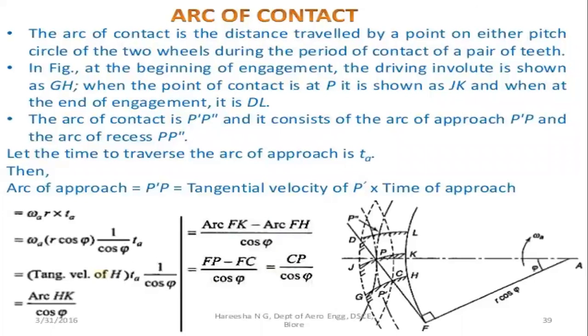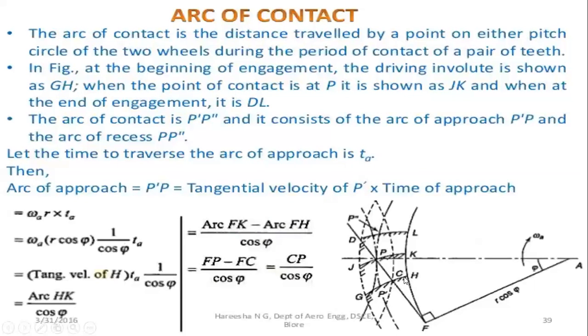So when you mesh two gears, the curve formed on the pitch circle by the distance traveled by a point on either pitch circle of the two wheels during the period of contact is called the arc of contact. In the figure, you can see that at the beginning of the engagement, the driving wheel involute is GH.